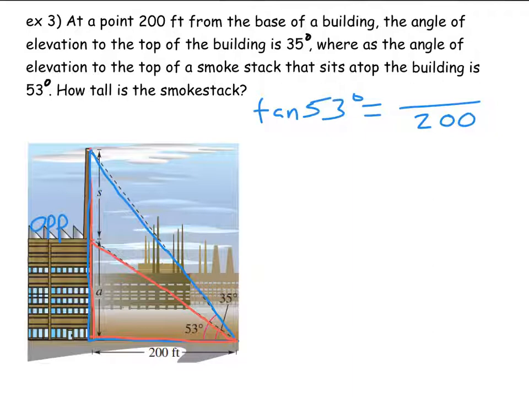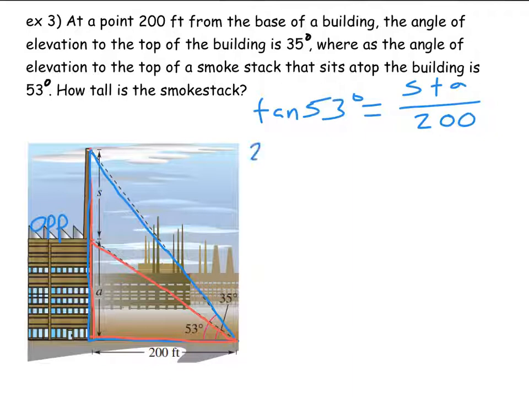Up at the top you have the smokestack, and then at the bottom you have the building. Now, just because the diagram looks like they're split evenly, don't make the jump that they're 50-50 and the two are the same thing. That might be the case, but from what we have at this point, we can't tell.